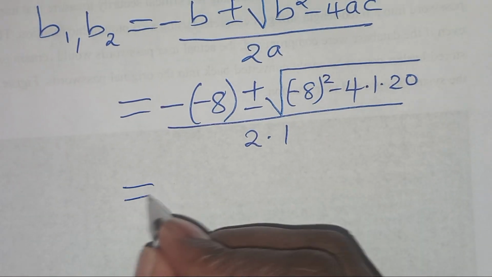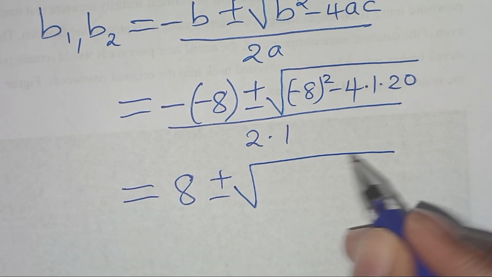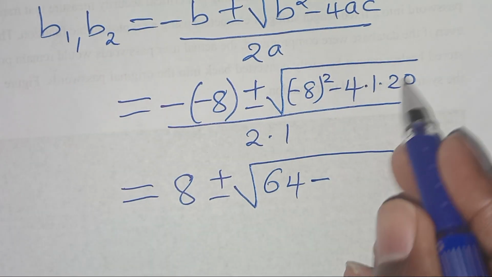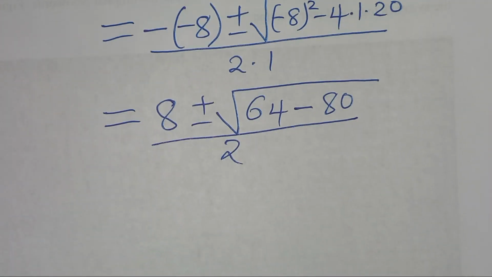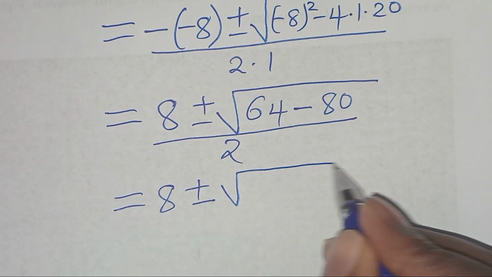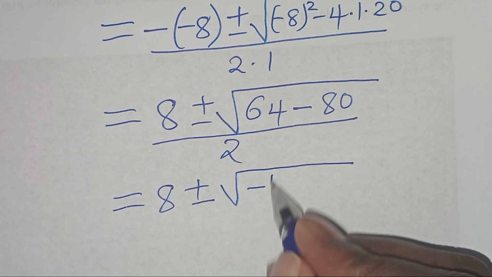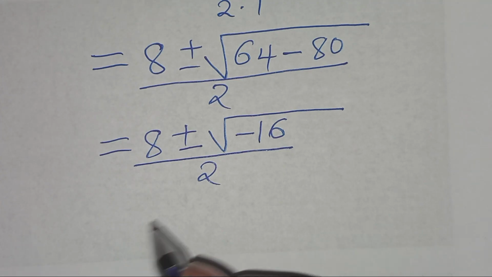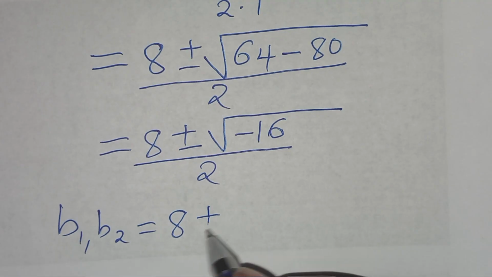So this is 8 plus or minus the square root of 64 - 80, which is -16, divided by 2.